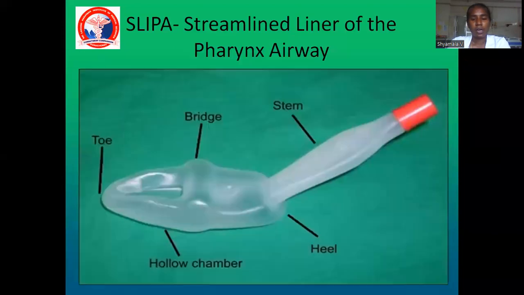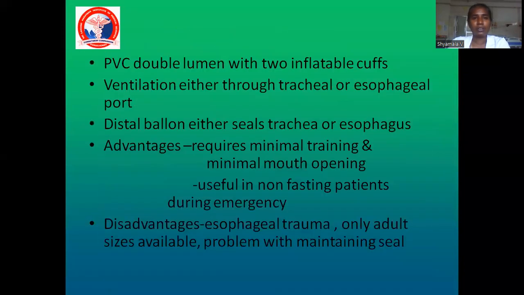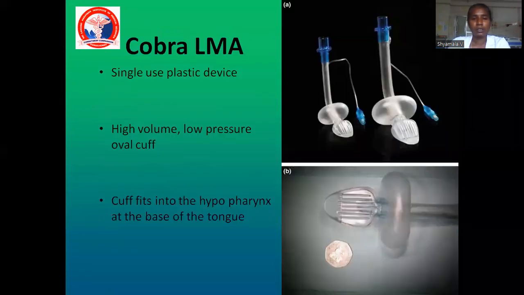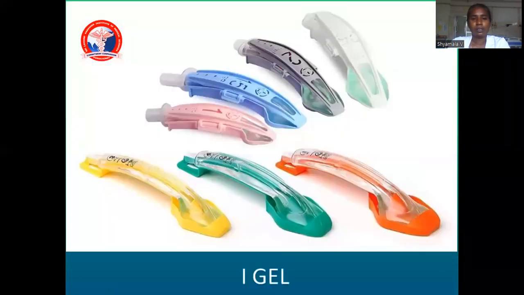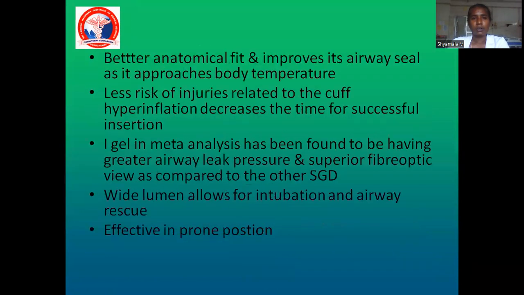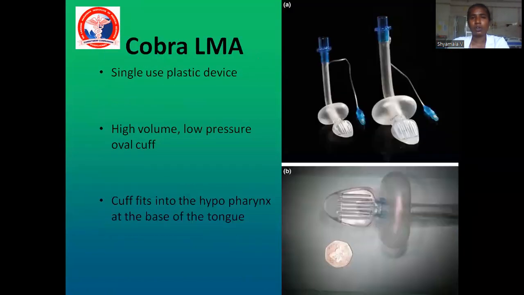Okay, so as a revision, you can see special igel. Okay, this is the igel image where there is no cuff. This is the cobra. It is a single-use plastic device.